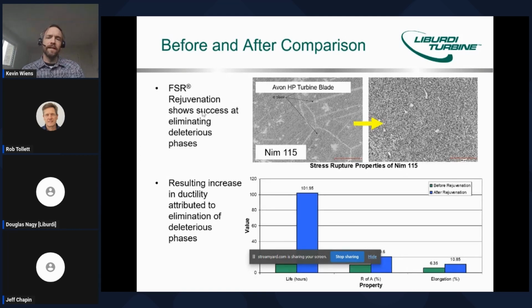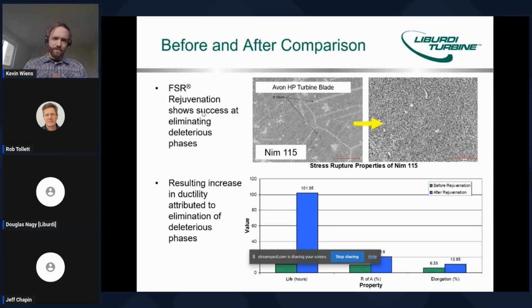We also see that it can address other microstructural deficiencies. So over time, you can get phase formation that's detrimental to mechanical properties. So this image on the upper left shows sigma phase formation within the material. Sigma phase does a couple of things. It robs the matrix of the alloy of refractory elements, which is part of what strengthens the material.